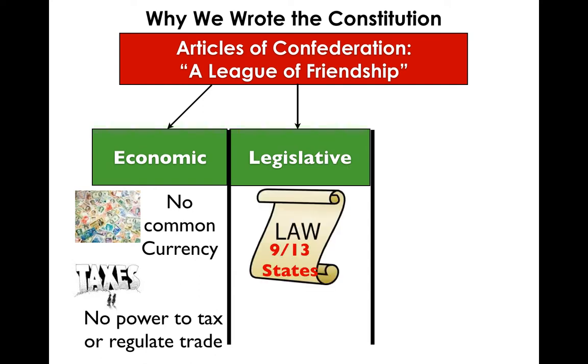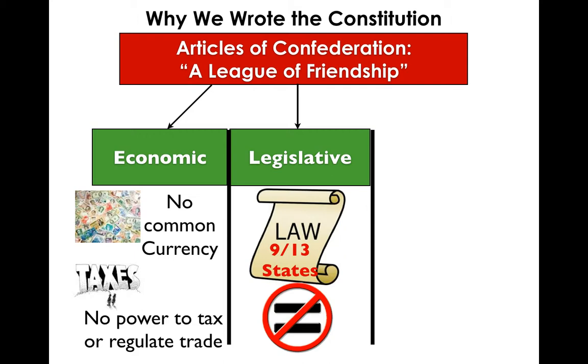Legislatively, it was also really hard to pass laws. You needed 9 out of 13 states to agree to a law, so that made lawmaking very slow. And that meant only 5 states were needed to block a law. And so that also made representation of the states unequal. So basically it meant that each state had 1 vote in the federal government to pass laws.